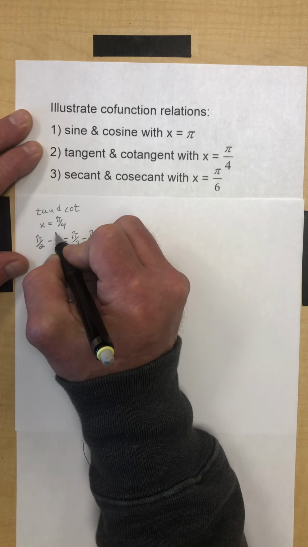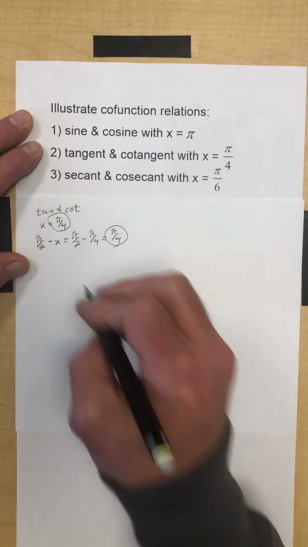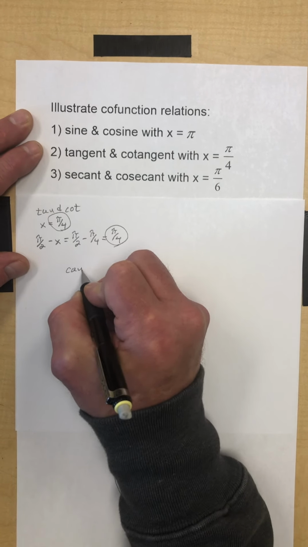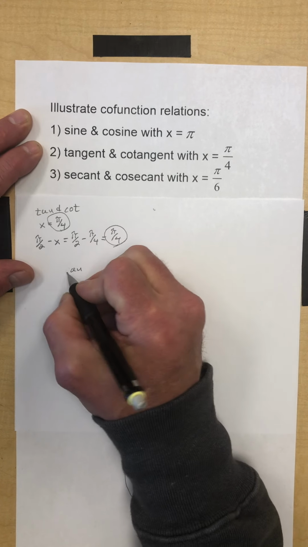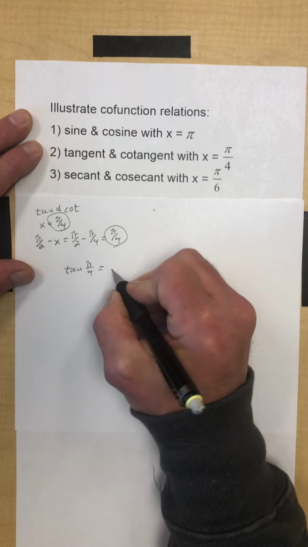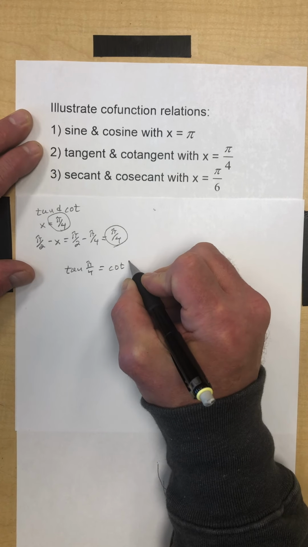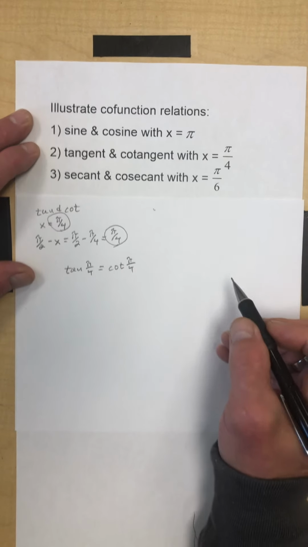So these are the two angle measures I'm working with. We have to show that the tangent of one of them, pi over 4, has to be equal to the cotangent of the other one, pi over 4. Obviously I could switch these two, but it gives me the same thing.